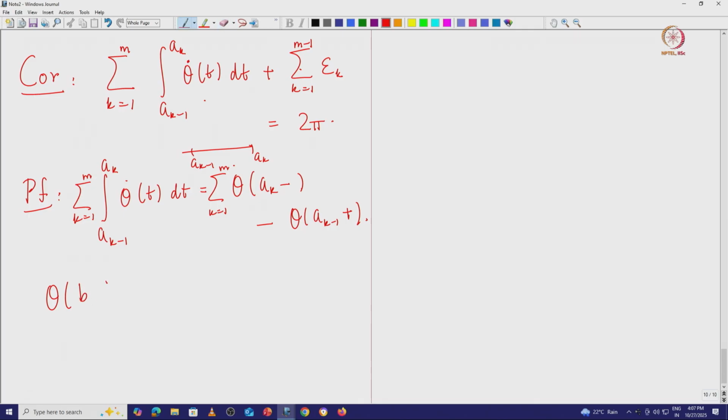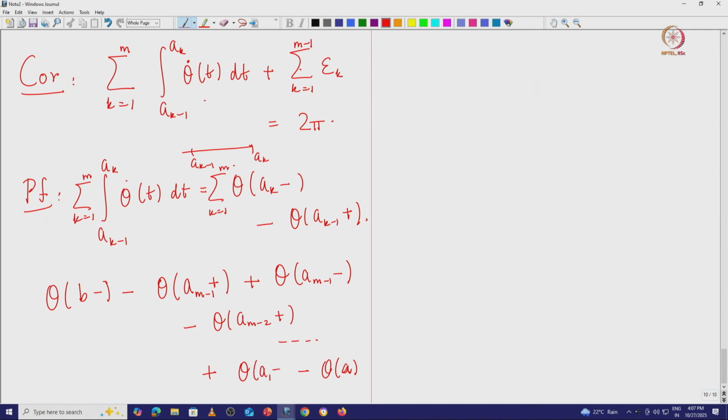So, you have theta of b minus theta of a_{m-1} plus theta of a_{m-1} minus theta of a_{m-2} plus etc., until the last term is basically theta of a_1 minus.